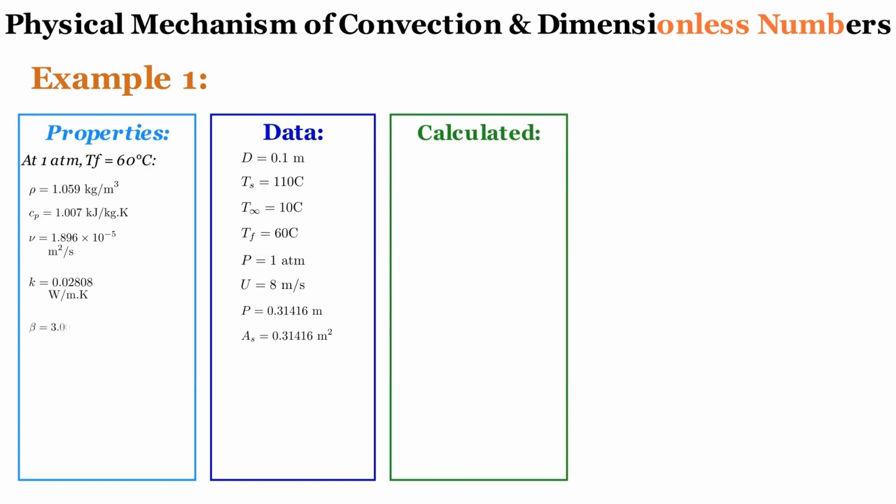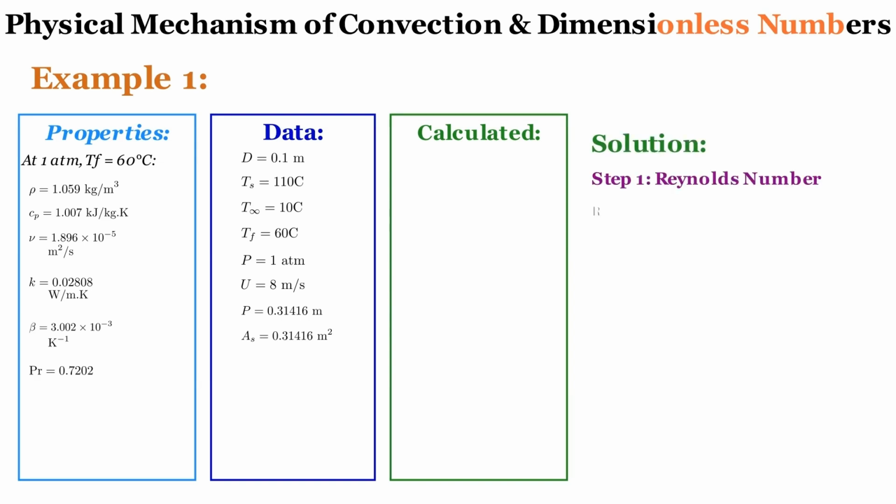The thermal conductivity, K, is 0.02808 watts per meter Kelvin. The coefficient of thermal expansion, beta, is 3.002 times 10 to the minus 3 per Kelvin. And the Prandtl number is 0.7202. Excellent. We have all the data and properties we need. Let's solve this step by step.